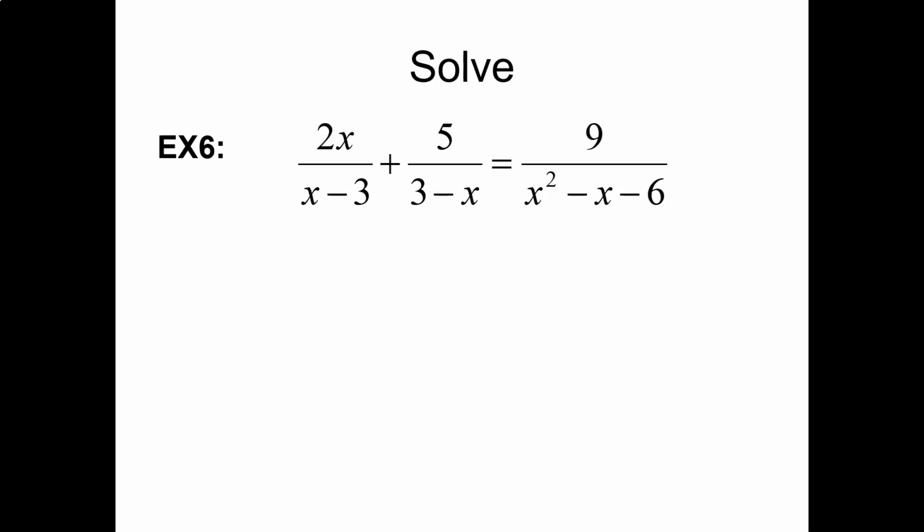I see this x squared minus x minus 6. I'm thinking I probably need to factor that. So, let's factor. We want to factor before we worry about the excluded values. So, I'm going to mark this out and I'm going to factor it. So, x and x, I could do a -3 or plus 2.